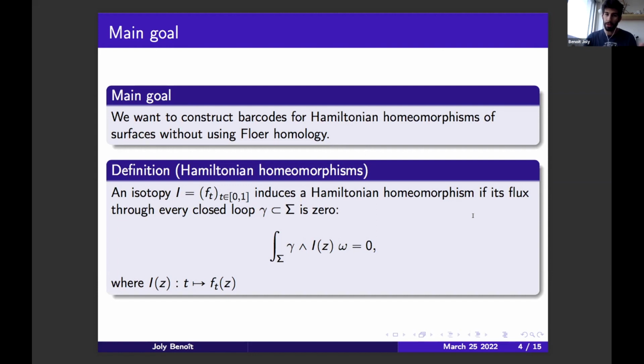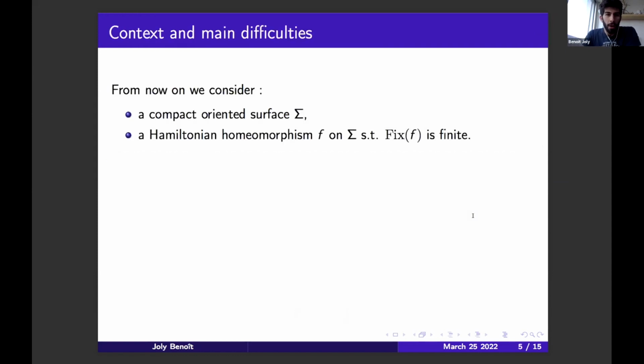So it is a Hamiltonian homeomorphism of surfaces here. It's just a good dynamical way to interpret this kind of object. Okay, so now we will always consider a compact oriented surface, and every Hamiltonian homeomorphism will have a finite number of fixed points in this talk.